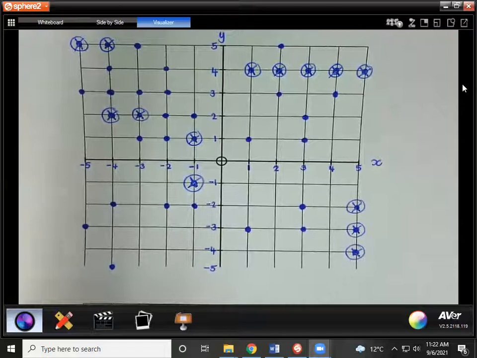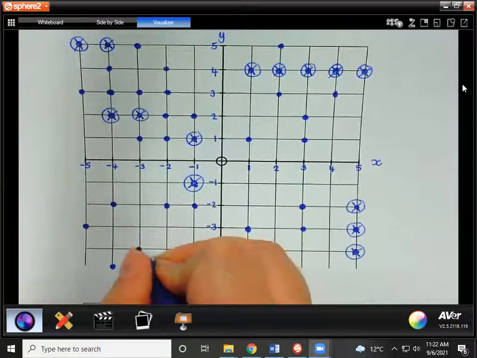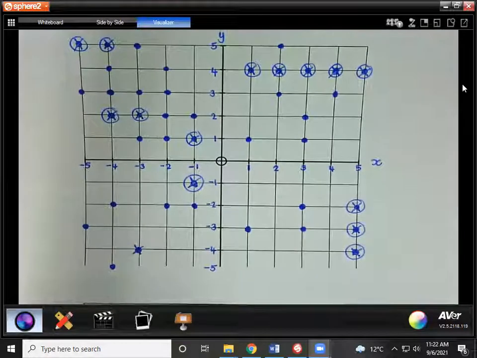-3, -4. -3, -4, that is a hit. That is a battleship.